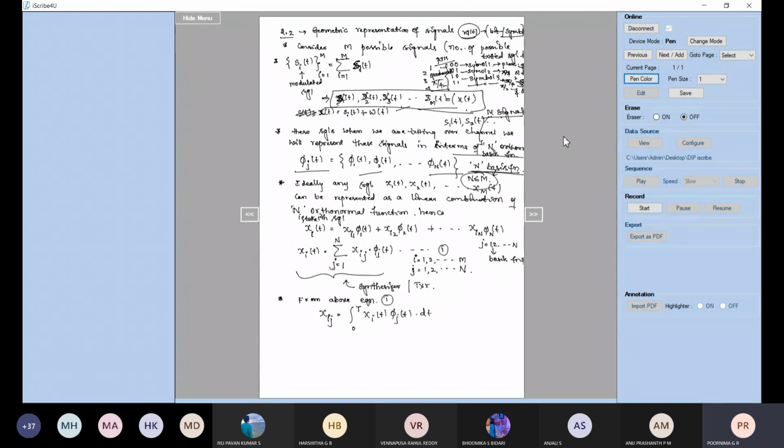So after transmitting, xij is a signal vector. How do we calculate this signal vector? For any symbol, its duration is between 0 to T; integrate xi of t with phi j of t into dt. Here i is equal to 1, 2, etc., m, and j is equal to 1, 2, etc., n, where T is the symbol duration.